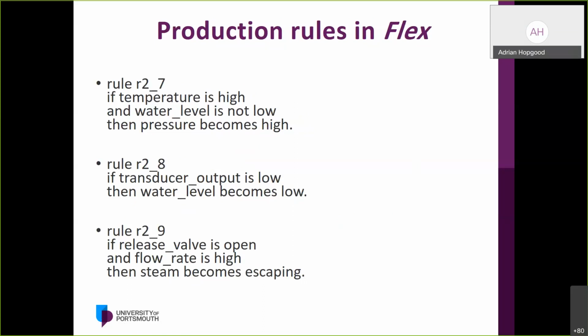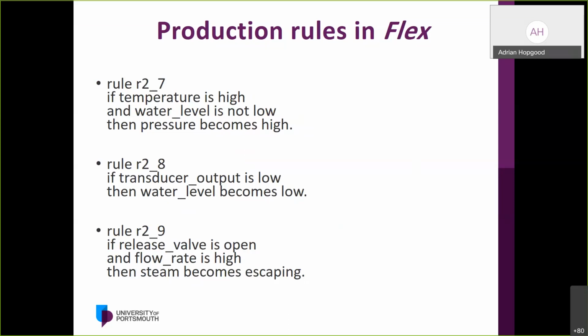So if rule 2.8 is applied, if we say the rule is fired, then the water level becomes low. And that means that the condition for rule 2.7 is now no longer valid, because 2.7 has part of its condition that the water level is not low. So you see there's a dependency between the rules. So one rule enables or indeed maybe disables another rule.